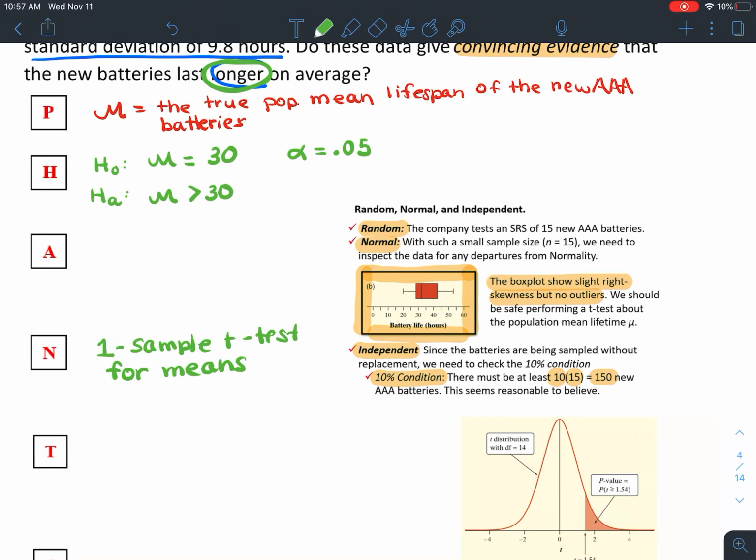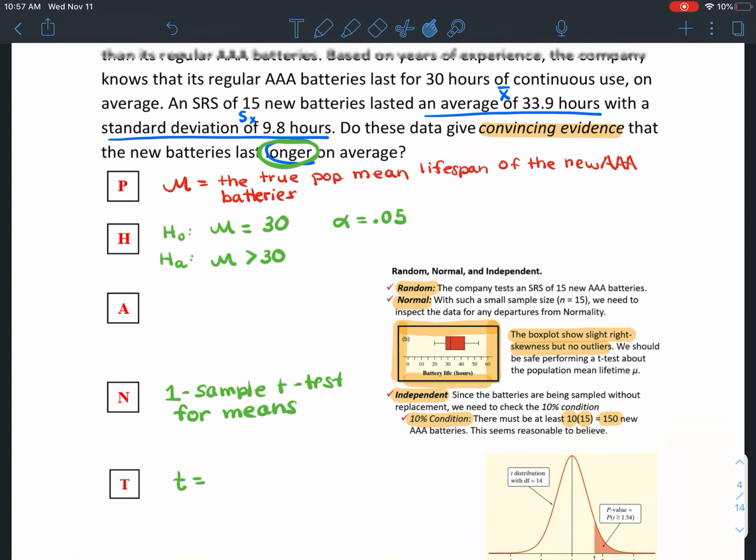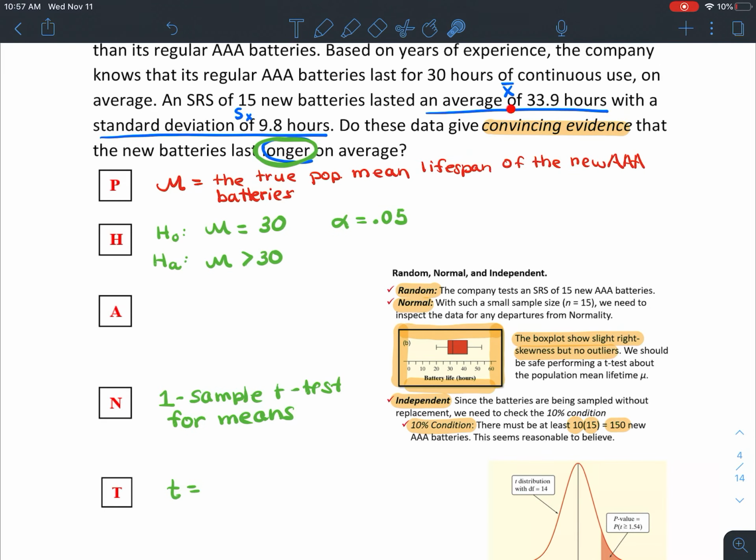Okay, now for the t, this is where we are showing our substitution for how we're getting our t-score. Remember, the generic formula on the formula sheet says take your statistic and subtract the parameter from it. Now, the statistic is the x-bar value, so we would take the 33.9.